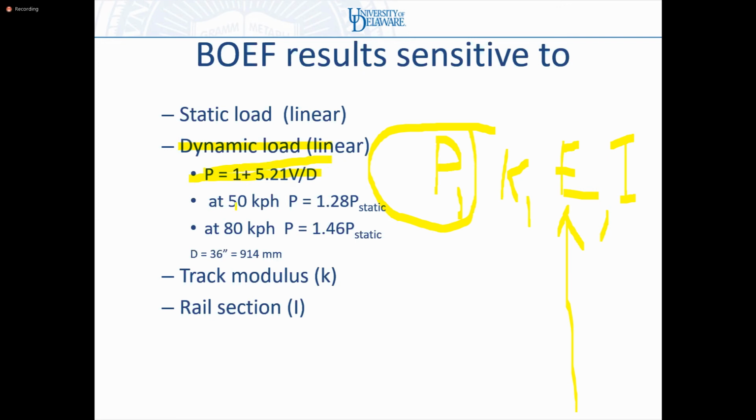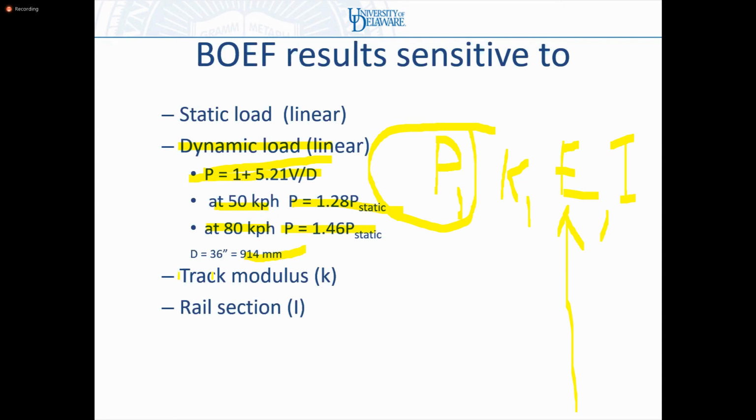So at 50 kilometers per hour, it's about 1.28 times static. At about 80 kilometers per hour, it's about 1.46 times static if you're using a 914 millimeter wheel. If it's a different wheel, then these numbers are going to change a little bit, because P is a function of the speed and the wheel diameter.